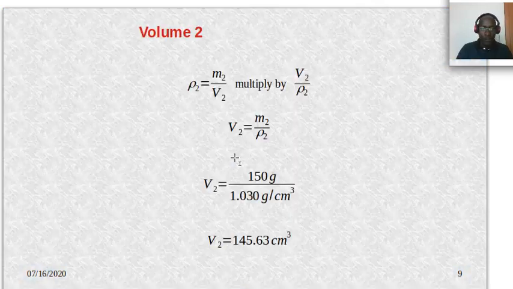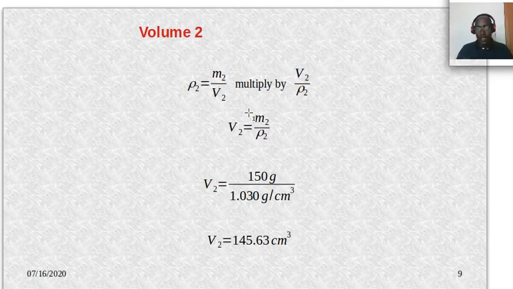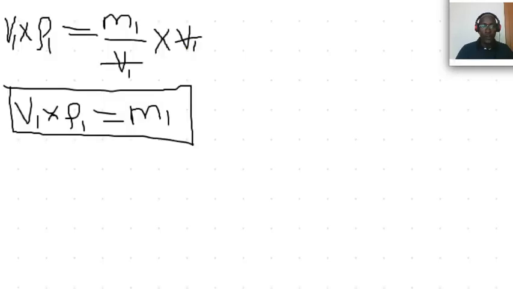So again, we go back to the formula for density. We know that density is given by mass over volume. So the density of substance 2 is the mass of substance 2 divided by the volume of substance 2. Because we need to get the volume, you have to make V the subject of the formula. And how do we do that?